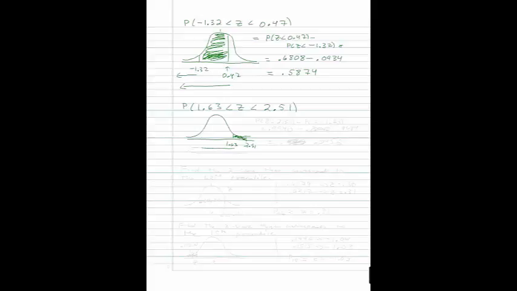Now to the left of 1.63 would be all this area. To the left of 2.51 would be all of that area. So to answer this question, we will take the probability z is less than 2.51 minus the probability z is less than 1.63. Going to the positive side of the z-table, 2.50, 2.51, looks like it's 0.9940.